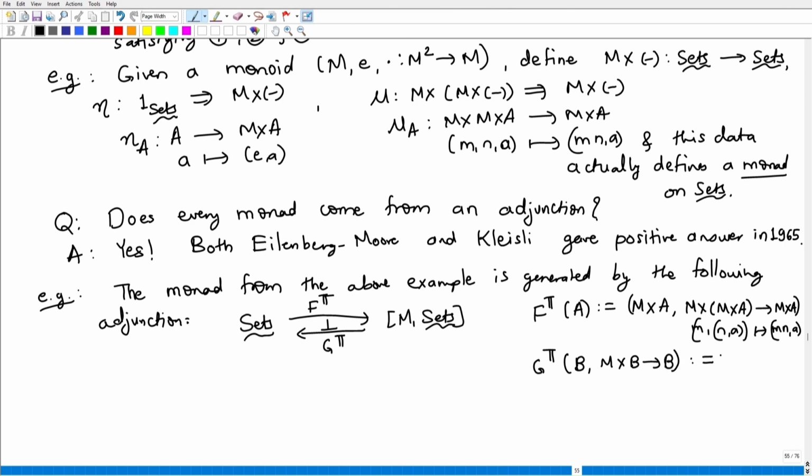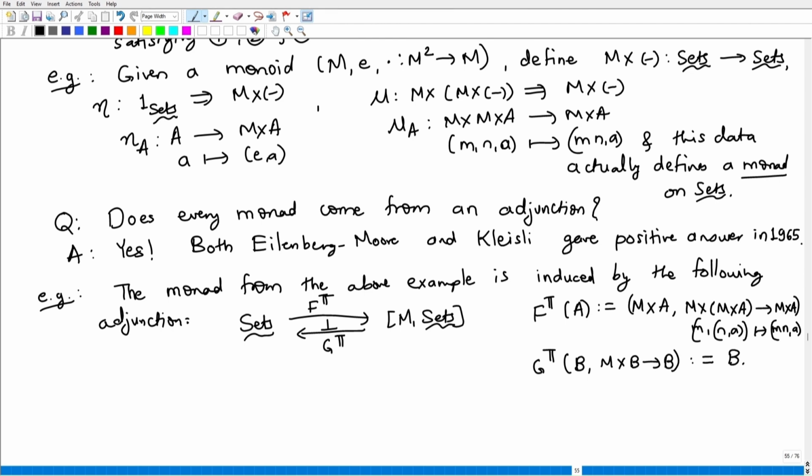It simply forgets the action and it remembers B. So I will leave it as an exercise for you to verify that this adjunction indeed generates, it induces this monad T. Yeah, maybe generates is wrong, I should say induced by.